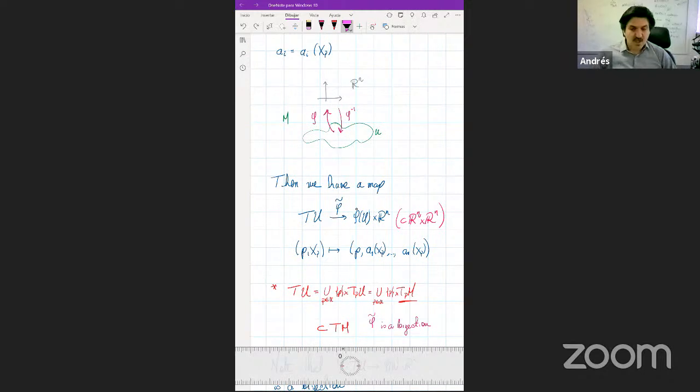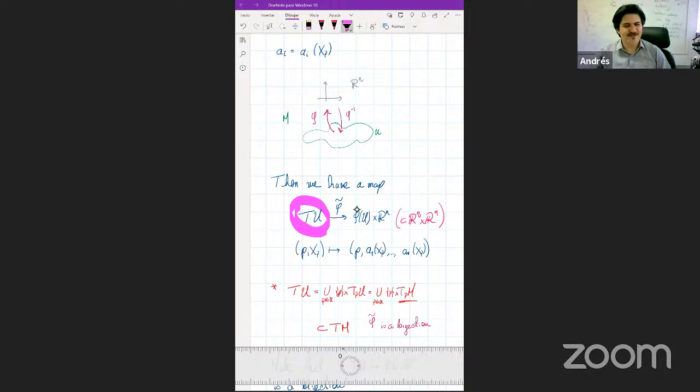Now, note that it's not good only to have these sets as open sets, because TU are very small in terms of M, but they have all of the vertical information, all the tangent space.